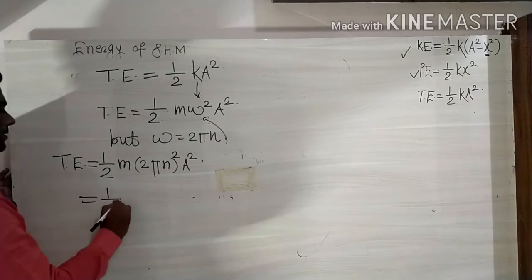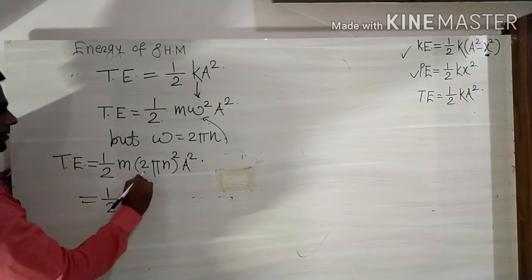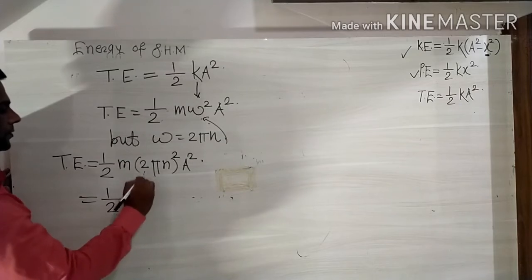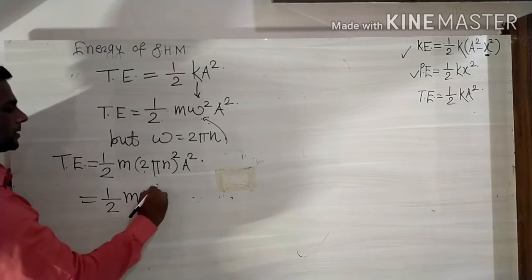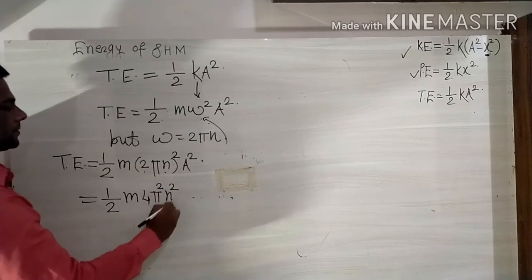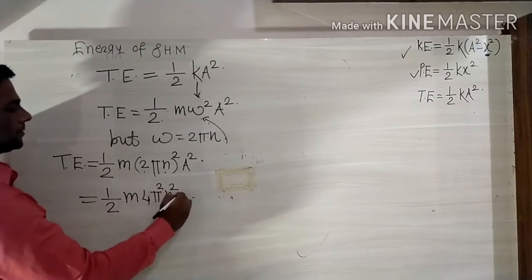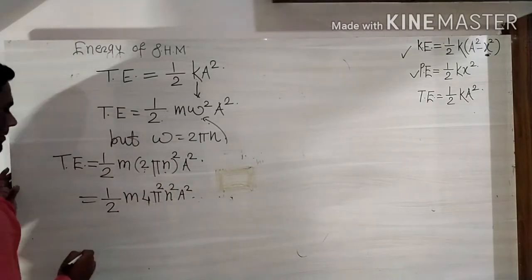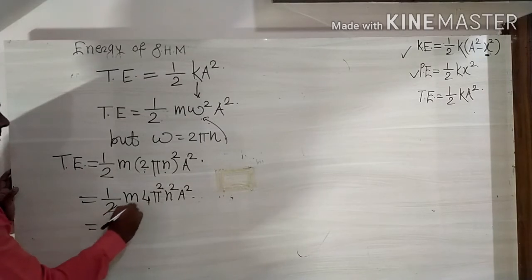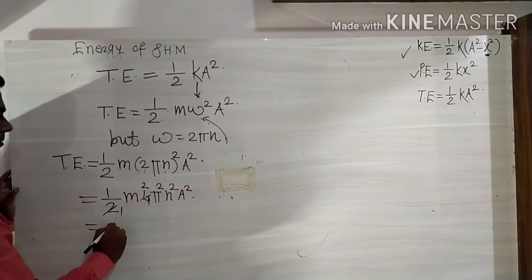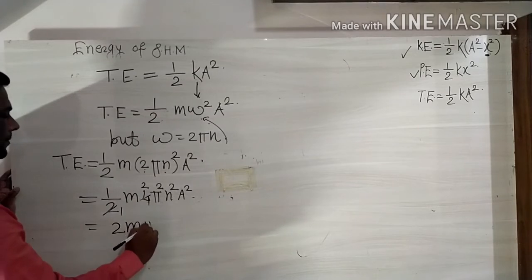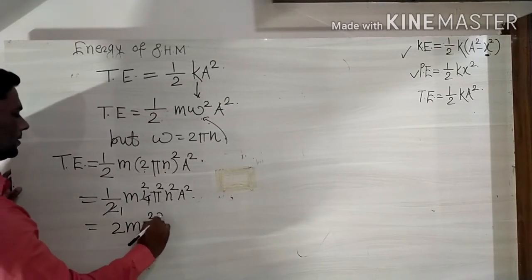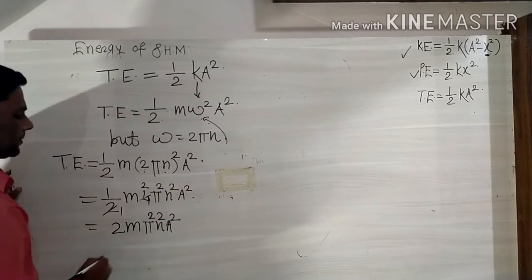So we get total energy equal to 1/2 m into 4 pi square n square into a square. 2 pi n whole square means 4 pi square n square. So we get 2 m pi square n square a square.